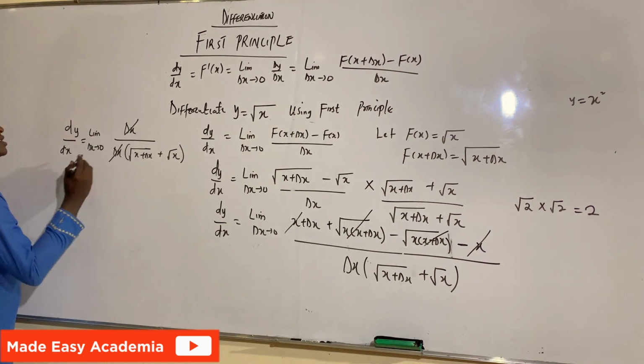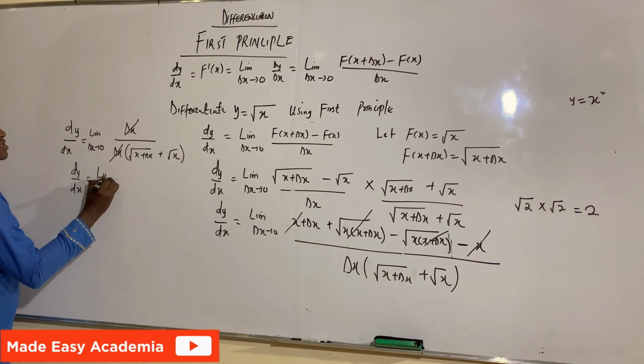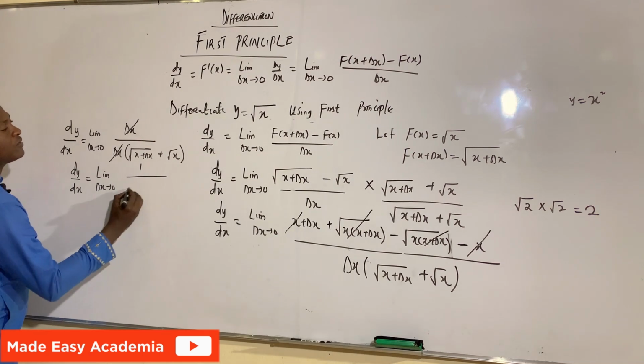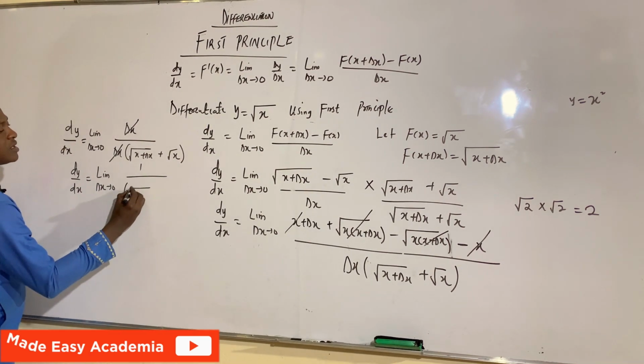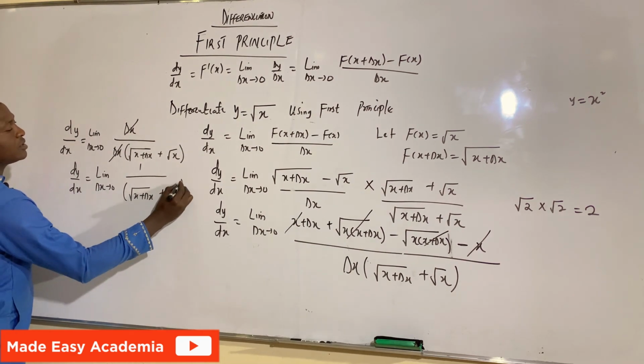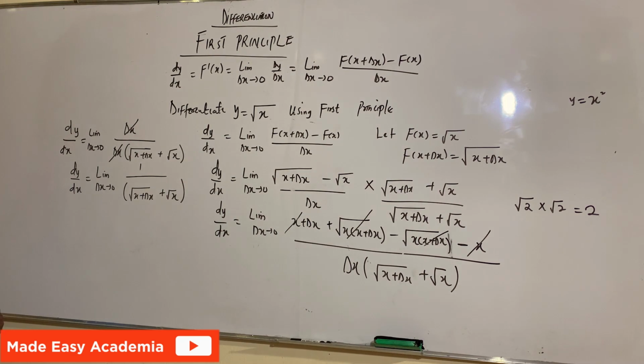If this cancels this, that means we have dy/dx is equal to the limit of change in x to 0 of 1 over root of x plus change in x plus root of x. The next step is to limit our change in x to 0.